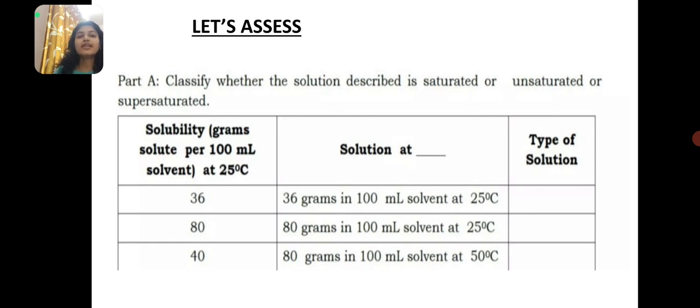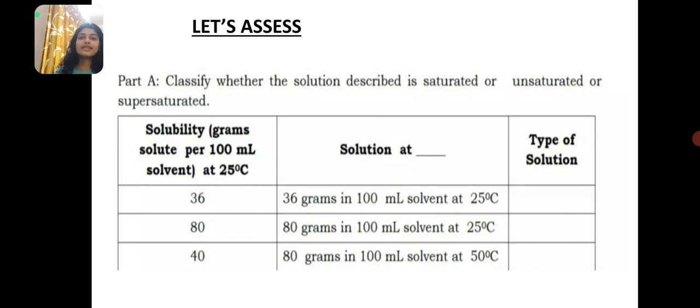You have to identify the type of solution. So since the solution contains exactly the same amount of solute as the solubility, it cannot dissolve any more at that temperature. Therefore, the solution is saturated.